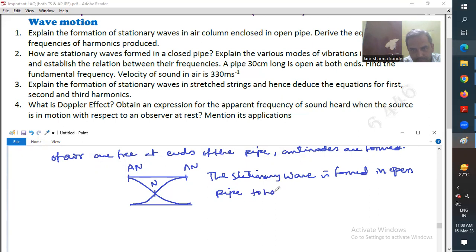To have two antinodes at the ends and one node in the middle.